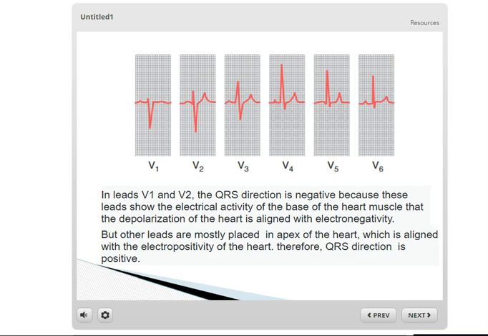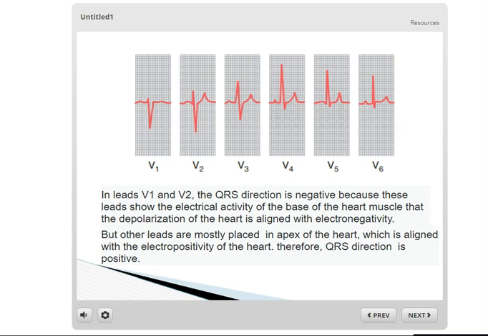In leads V1 and V2, the QRS direction is negative. These leads are positioned near the base of the heart. The depolarization wave moves away from these leads toward the apex, which aligns with the electronegativity of the heart's electrical activity.